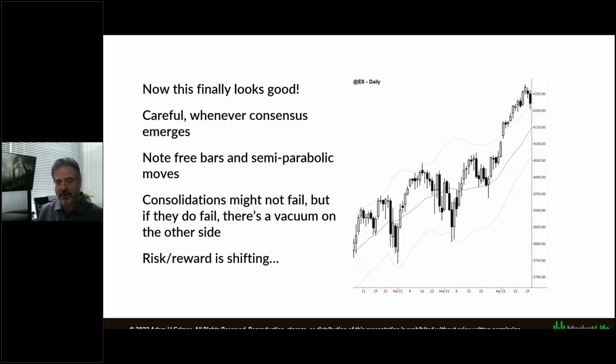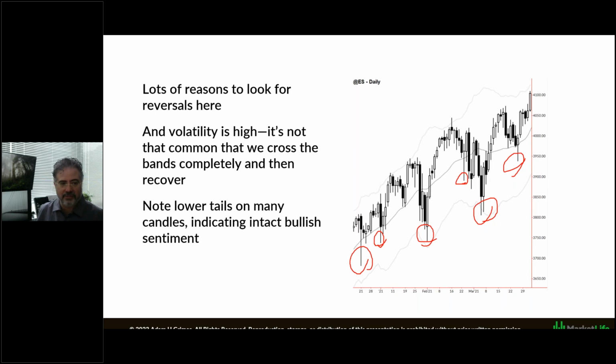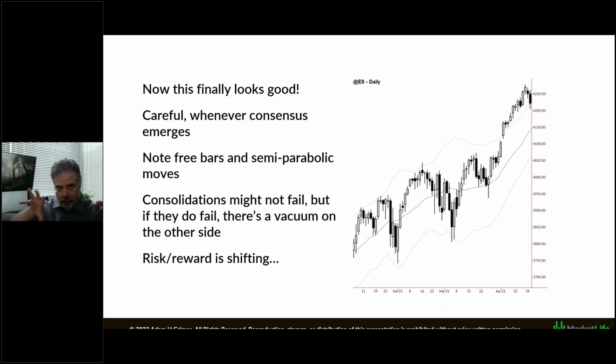And finally, after all of this very confusing, very conflicted action, another thing here, which is a little bit unusual: at least with the way I calibrate the bands, we cross all the way through the bands. It happens, it happened here, but it doesn't happen a lot. And that's a particularly loose kind of market.